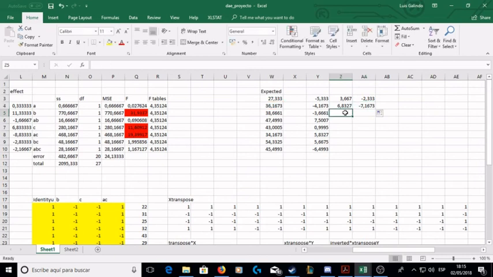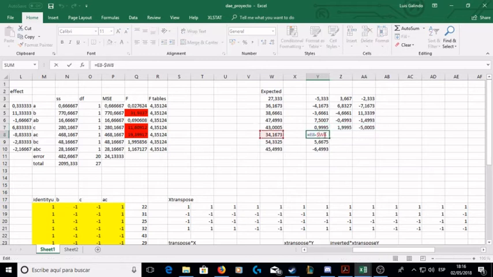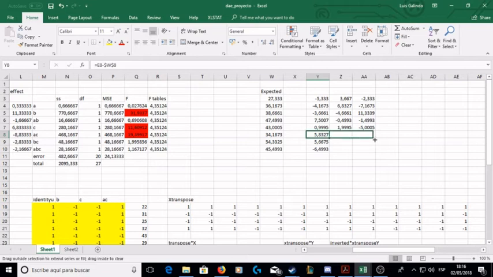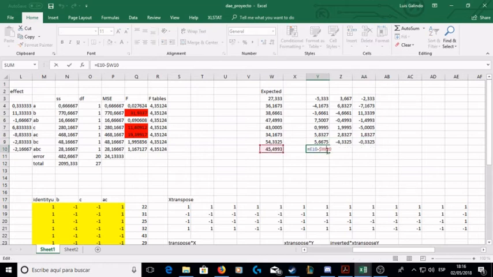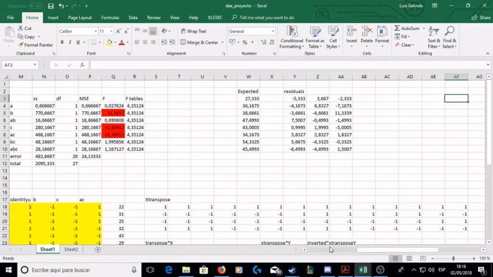Now I'm going to anchor this one. So now that we have our residual table, we can plot it and see if there is any problem with our residuals.